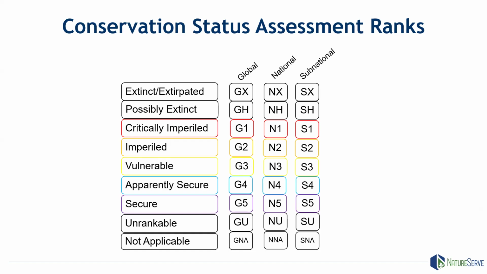A U indicates a species or ecosystem is unrankable due to lack of information or a significant conflict about its status or trend. The letters NA indicate that a species or ecosystem is not a suitable target for conservation activities. For example, a hybrid without conservation value, or an ecosystem of domestic origin, like developed vegetation of lawns and gardens.